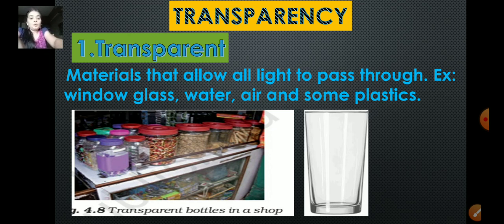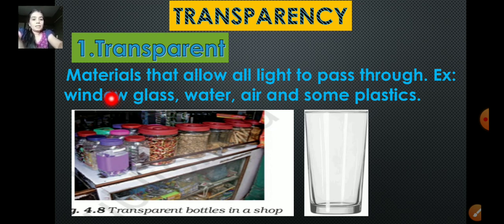Okay, now can you see through all materials? No, absolutely not. So if you take a notebook, can you see through it? No. So those substances or materials through which things can be seen are called transparent.